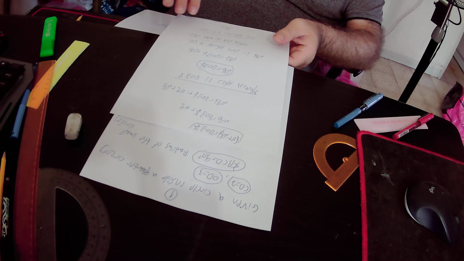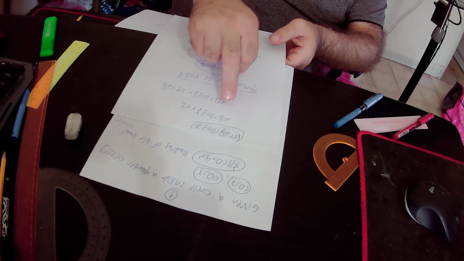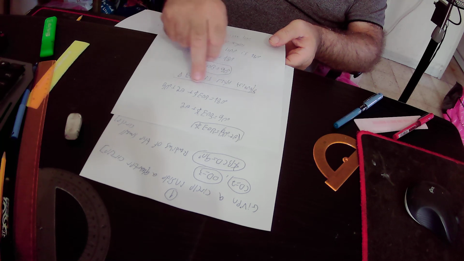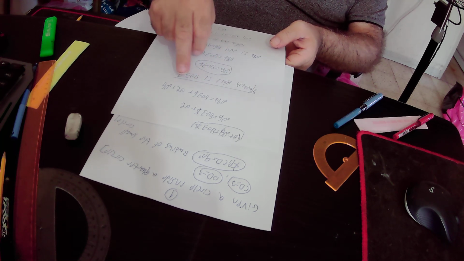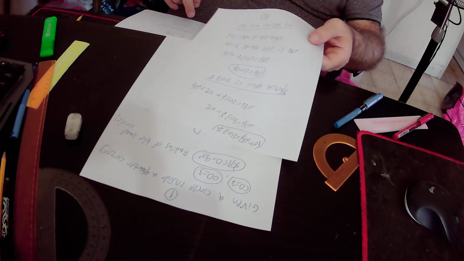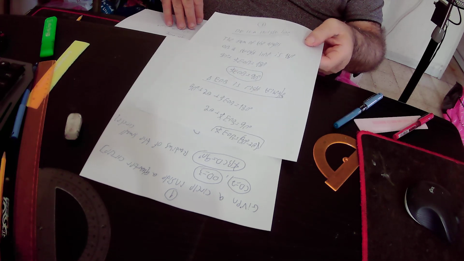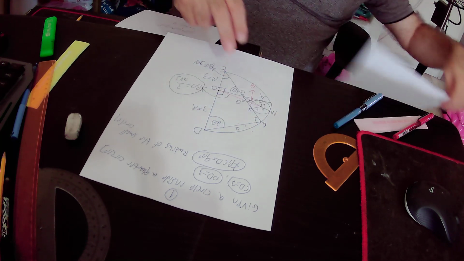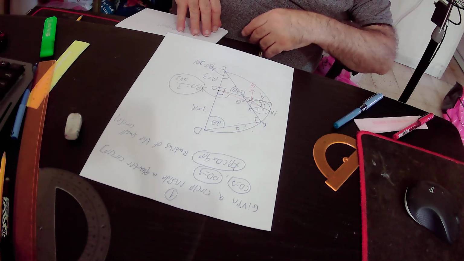In triangle CDE, the sum of the angles equals 180 degrees. So from this equality we got that angle CDE equals 2 theta. Okay?